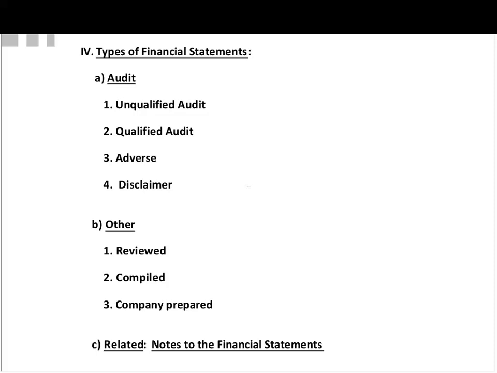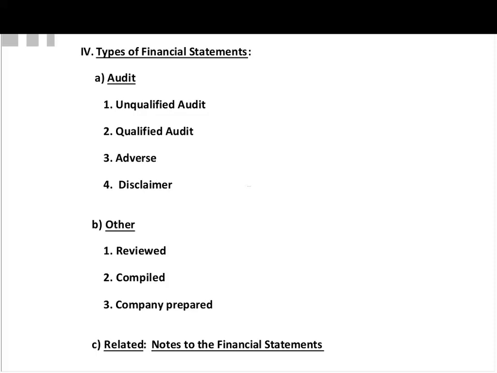How about reviewed? Reviewed is an even higher level. Under B1, the CPA does review the books, goes out to the company, camps out for a couple of days in the conference room, and reviews the books per GAAP, generally accepted accounting principles.